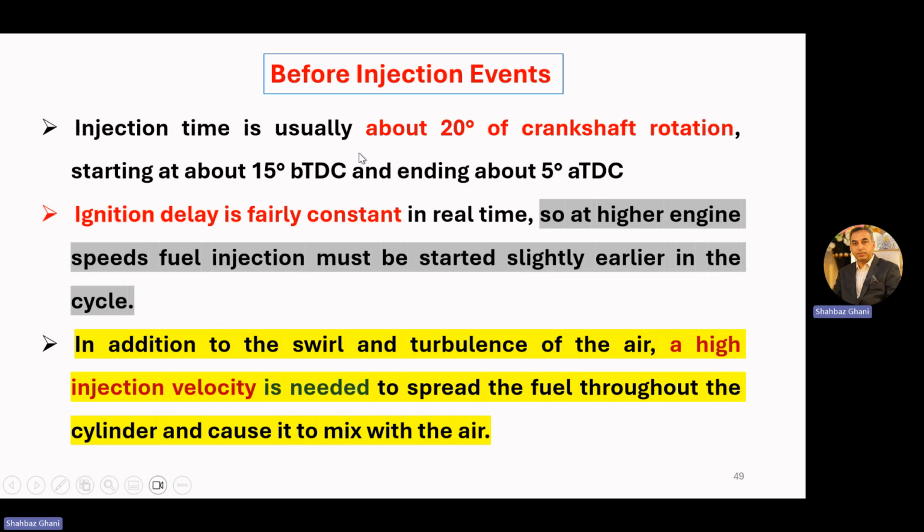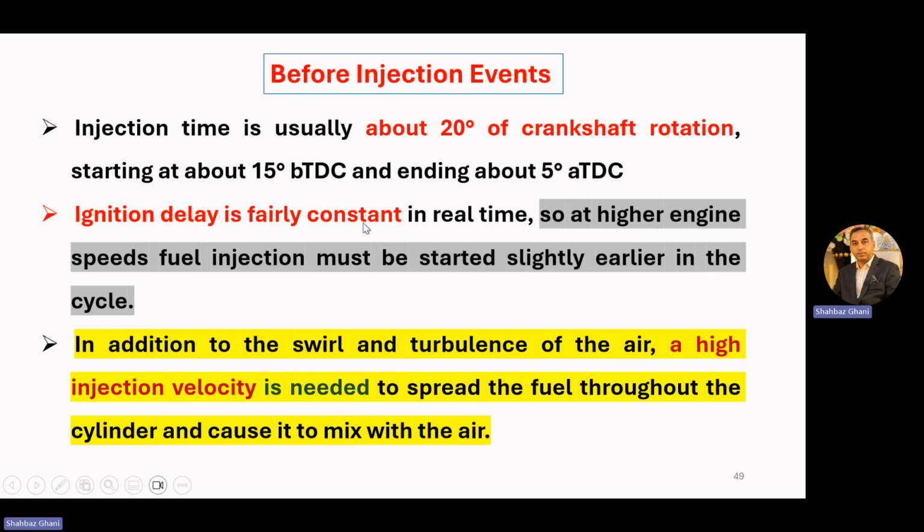So when the piston is at 165 degrees, taking 0 at bottom dead center and 180 at top dead center, injection starts, and it will end at 185 degrees. Ignition delay is fairly constant.